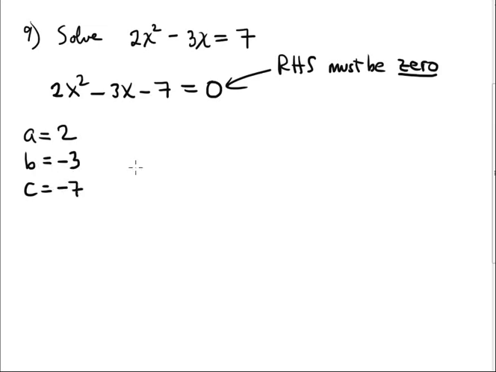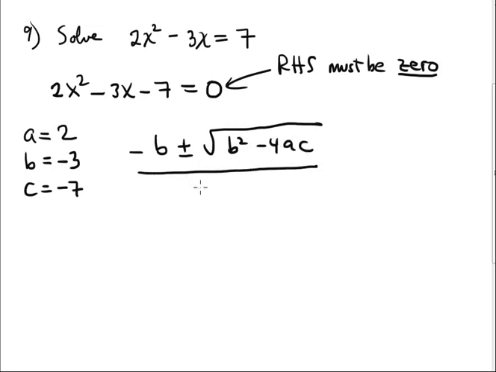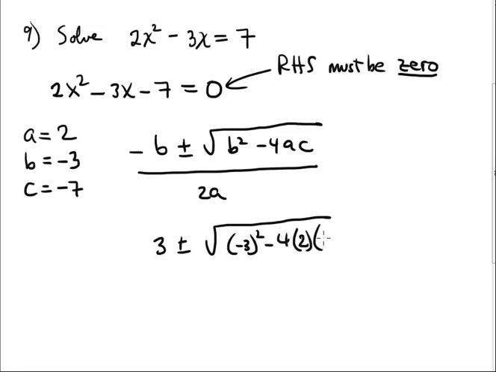Plugging into my quadratic formula. My quadratic formula is minus b plus or minus square root of b squared minus 4 multiplied by a c, divided by 2a. Okay, negative 3 here is b. So the double negative is positive 3 plus or minus square root of negative 3 squared minus 4 multiplied by 2, which is a, multiplied by negative 7, which is c.